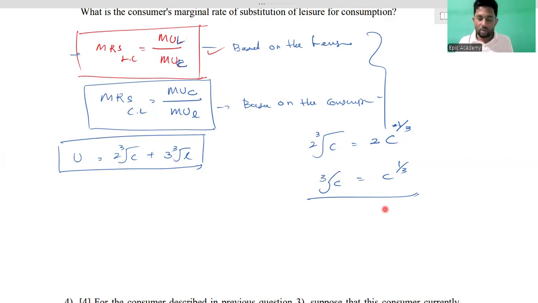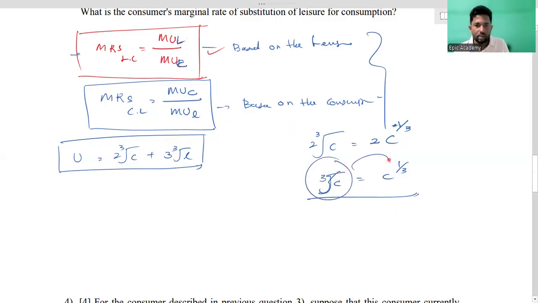You get the same value, 1.2599, the same value. So you can understand cubic root means power of 1 divided by 3. It is similar, so no need to worry about that.